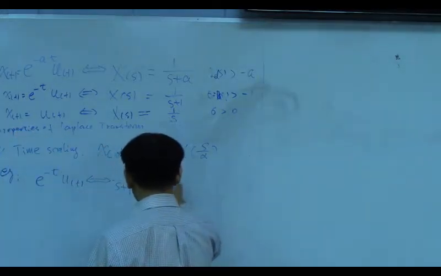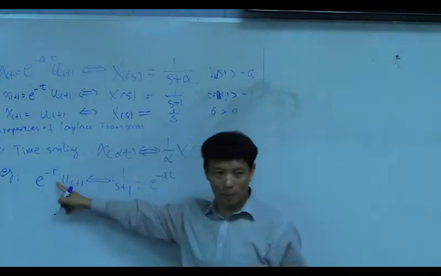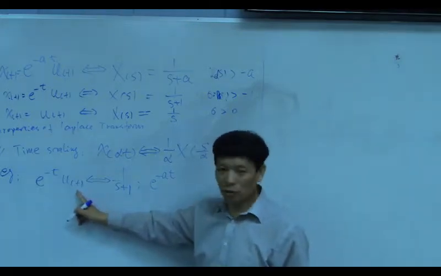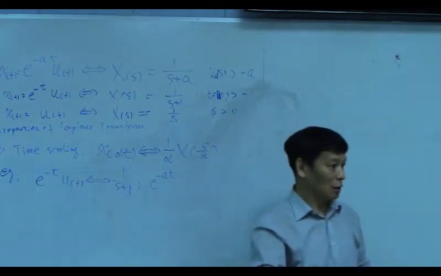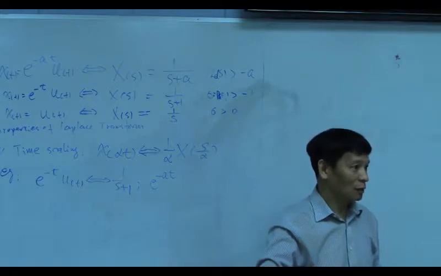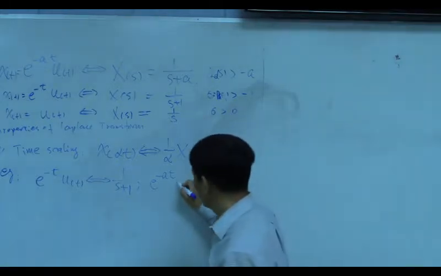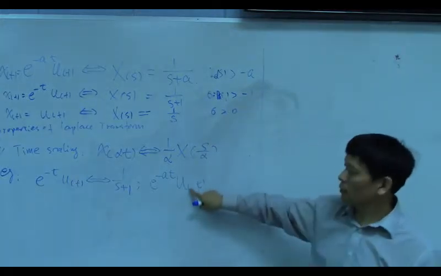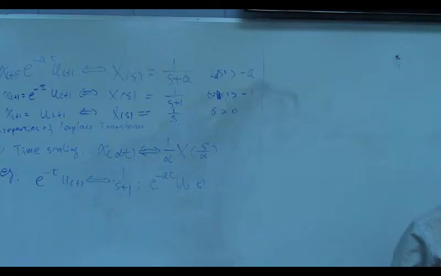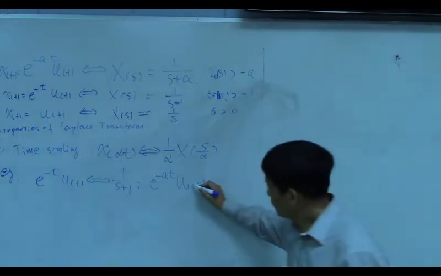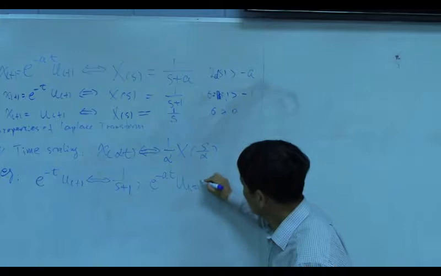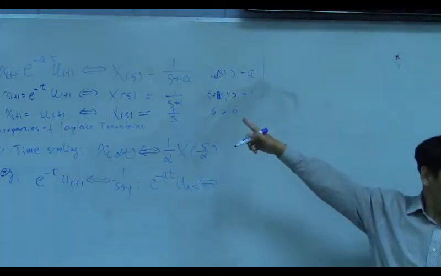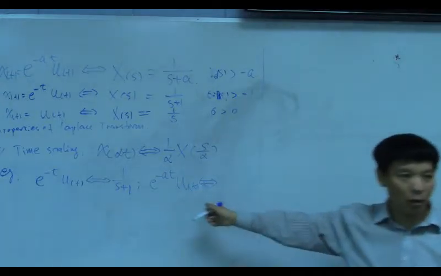So e to the negative at, see, I multiply t by a, and this t also needs to be multiplied by a. But for u(t), what's the difference? No difference, same thing. So I still write u(at), but a doesn't matter, a is a constant. We already know the answer is on the top, but I want to use the time scaling property to get this.